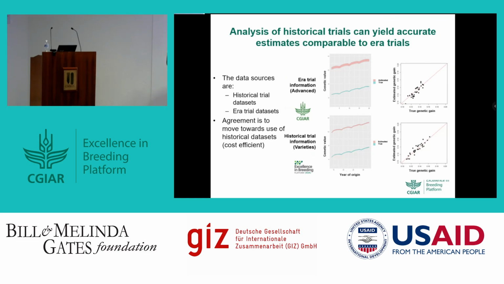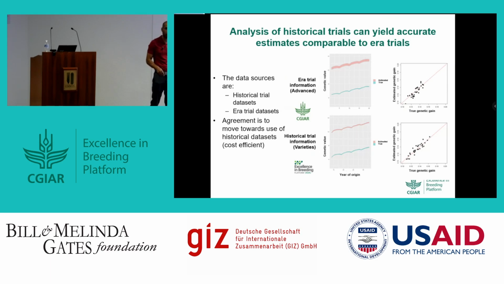Because these were simulations, we knew the true genetic gain. We could put all the error that you want on the environment, on the years, et cetera. But the whole point is that we know the true genetic gain, and we were trying to estimate it, and the error trials were really good for estimating it because the connectivity was full, for considerable levels of G by E and G by Y, let's say.